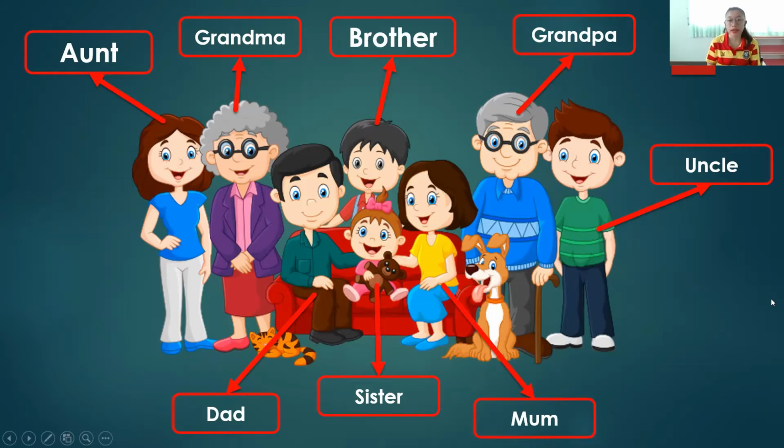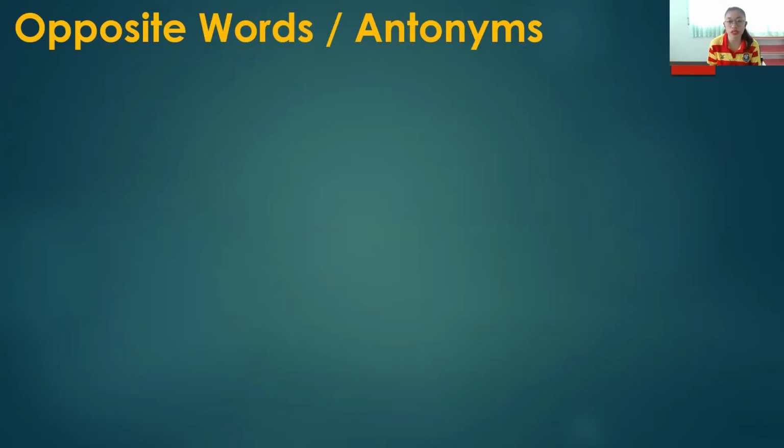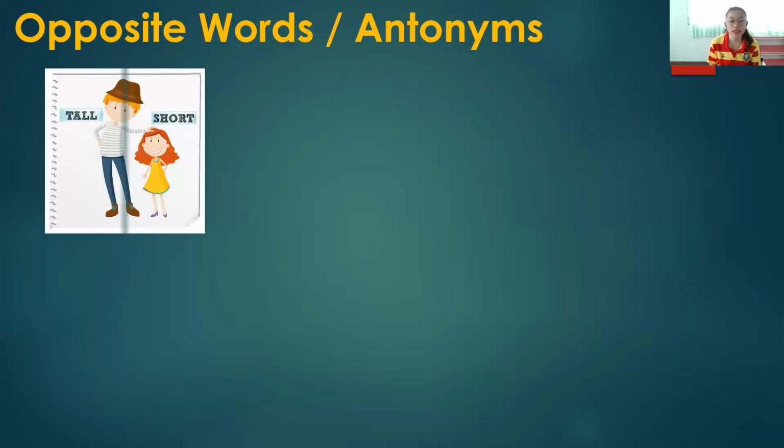Okay, so next topic, we have learned about the opposite words. So these are the antonyms or the words that have opposite meaning. For example, tall, and the opposite word is short.